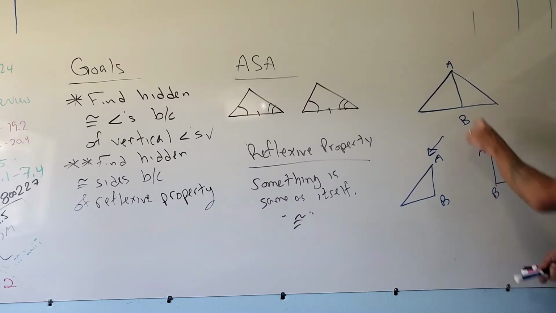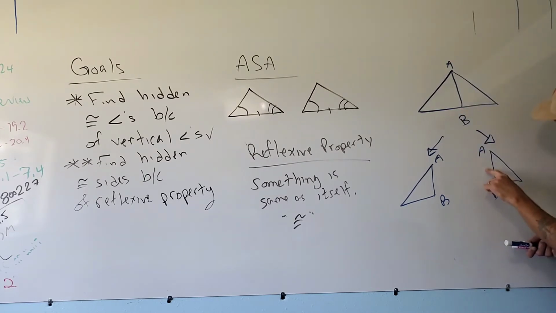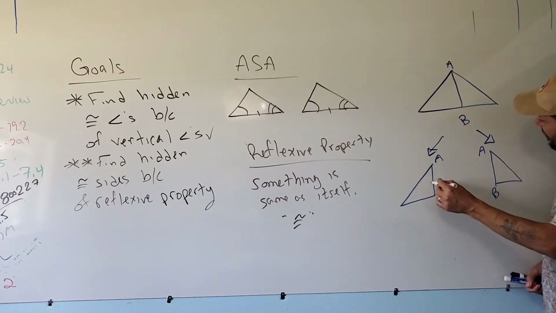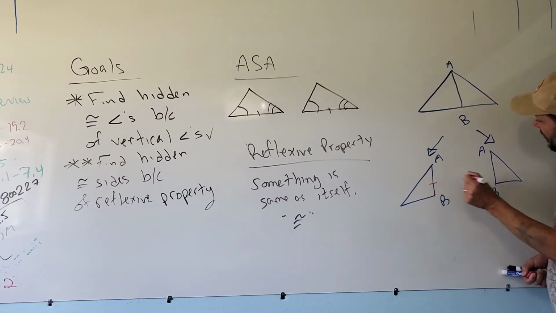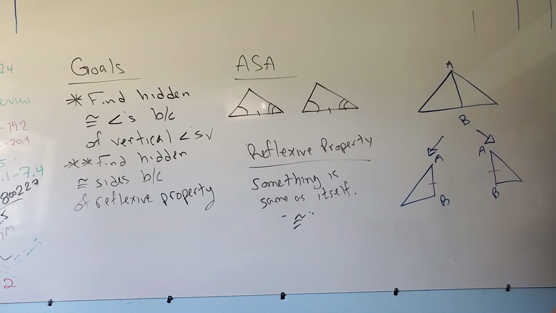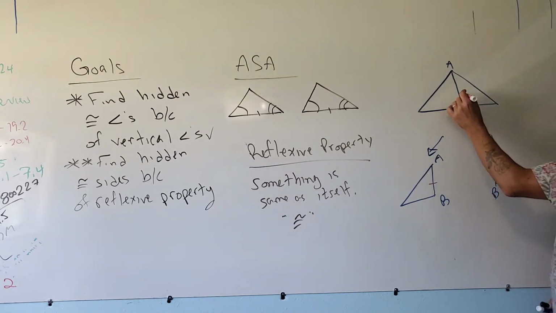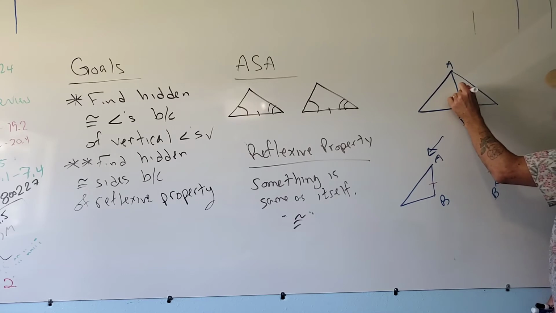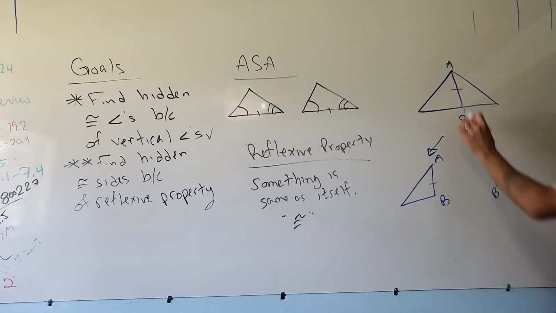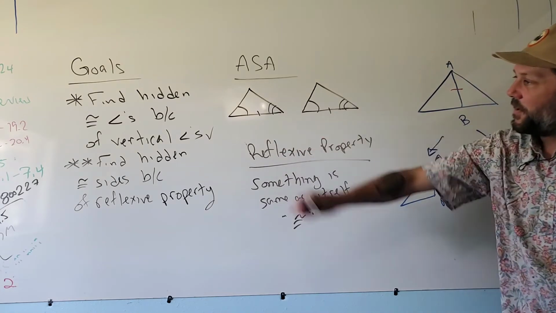But again, this side AB is the same as itself, and since it's the same as itself, we can consider this a congruent side. So in the pictures, if you see something like this, you know that you've got a hidden congruence, and so this side is going to be congruent to itself, and that's a way that I'm going to hide a side congruence.